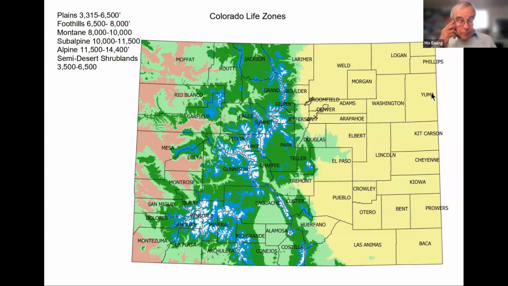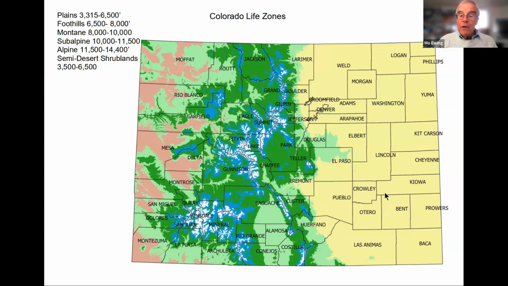Our lowest point of altitude is 3,315 feet, where the Arickaree River goes into Kansas in Yuma County. And then up to the highest point, which is Mount Elbert, in Lake County, 12 miles southwest of Leadville. And that's 14,433 feet.